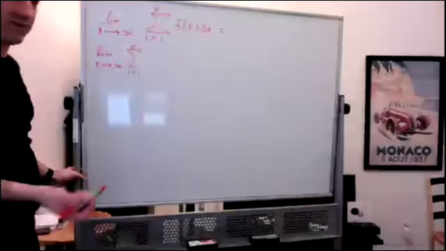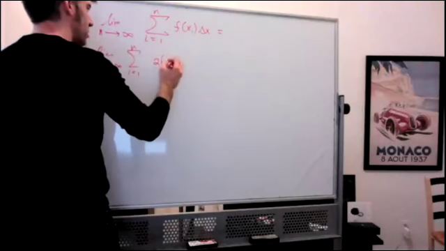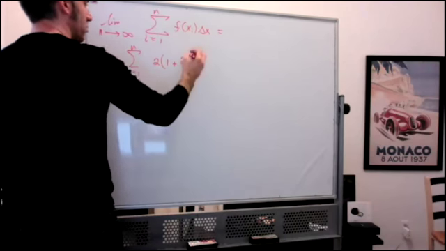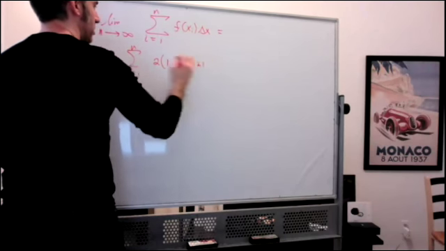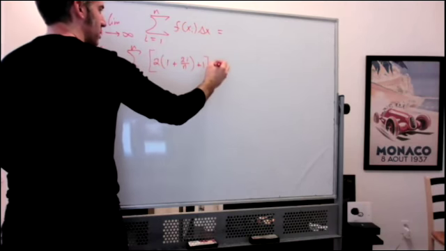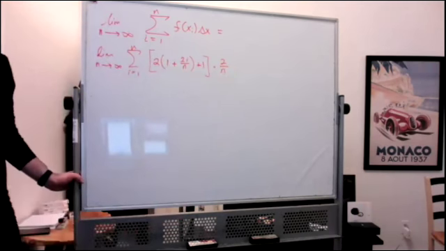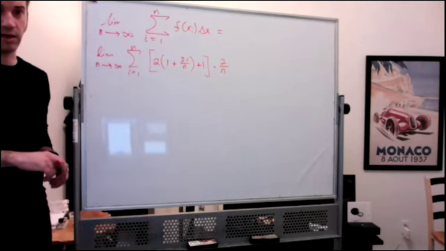I might want to simplify that, but we'll see. Times delta x, which is 2 over n. Questions about this before we start making a mess?